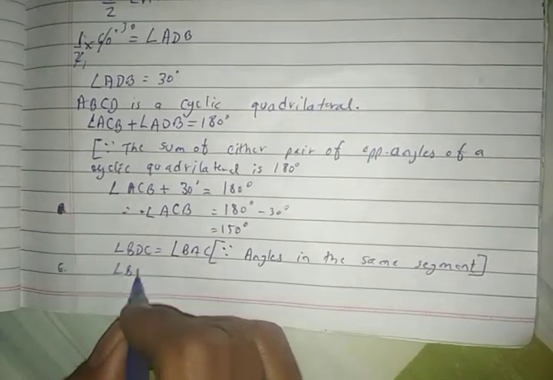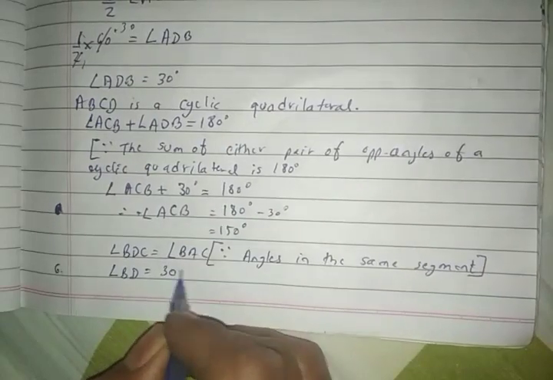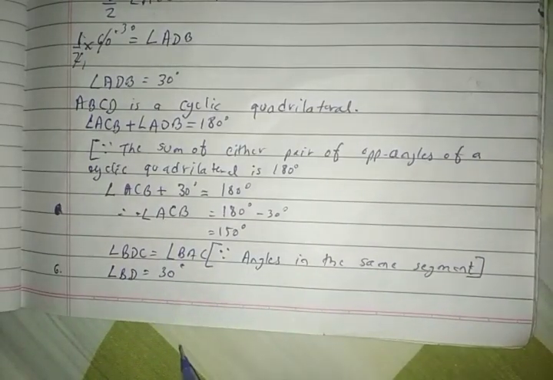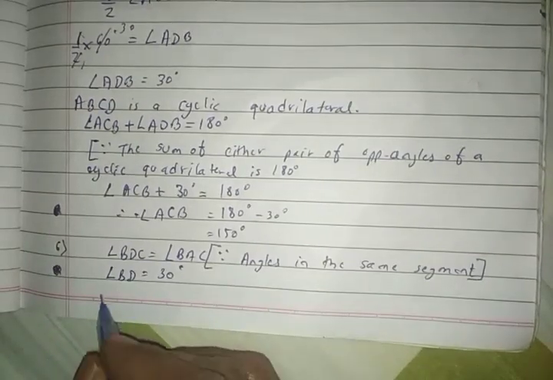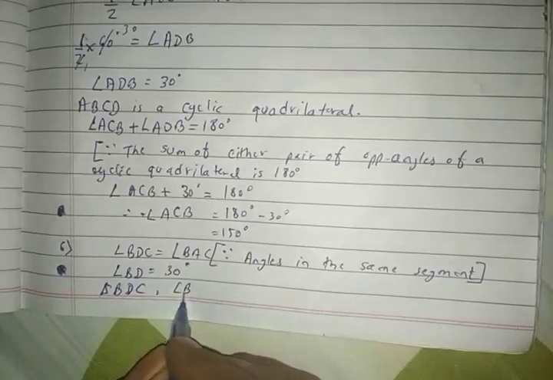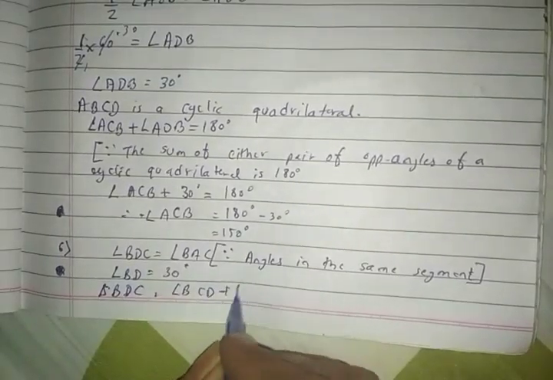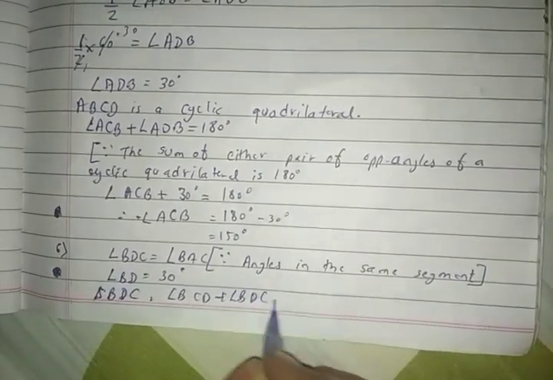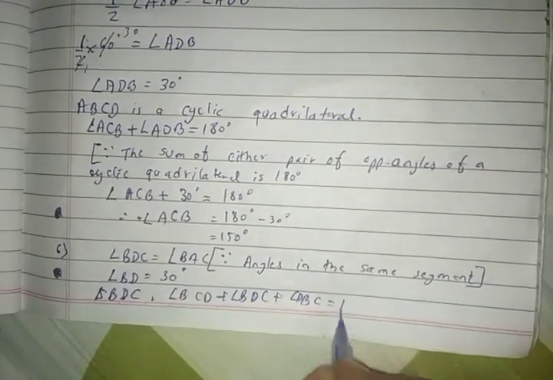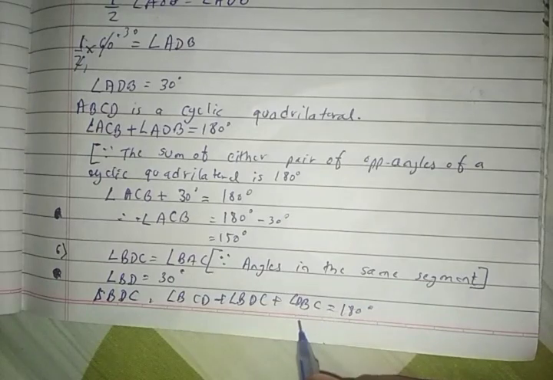Angle BDC will be equal to 30 degrees. Now, if we take triangle BDC, angle BCD plus angle BDC plus angle DBC, all three will add up to 180 degrees.